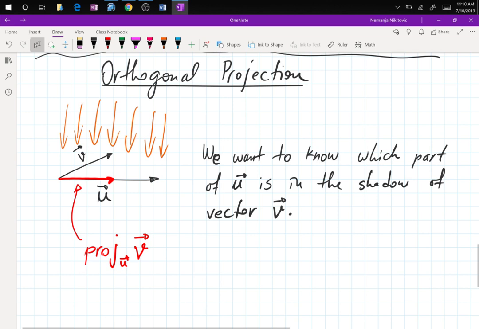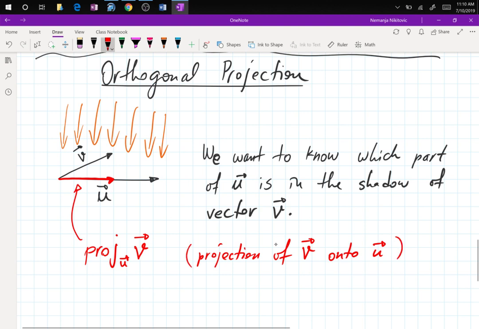So you can think of that if you have an issue remembering which one is which. So you are projecting v onto the base vector u. Log of 2 is 10, or log base 2 of 10, right? So that's the base. The small one is the base. Projection of vector v onto u. So I'm going to spell that out. Projection of v onto vector u. So that's the way we read this.